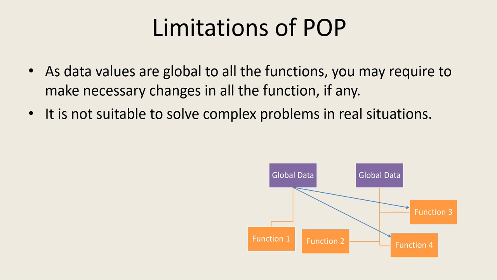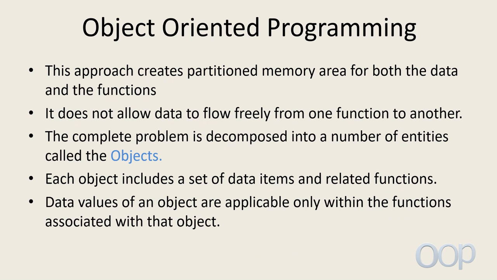That is one of the limitations of POP. It is not suitable to solve complex problems in real life situations. So in real situations, if you have a complex problem, it is not suitable to use POP, that is procedure oriented programming language.